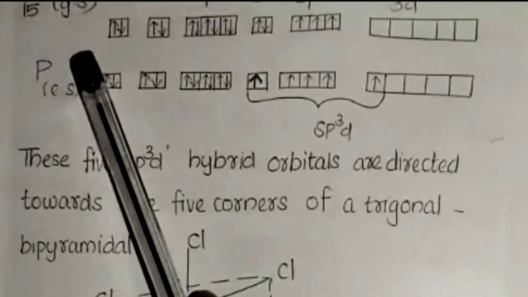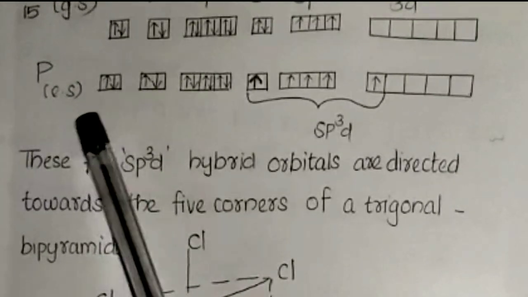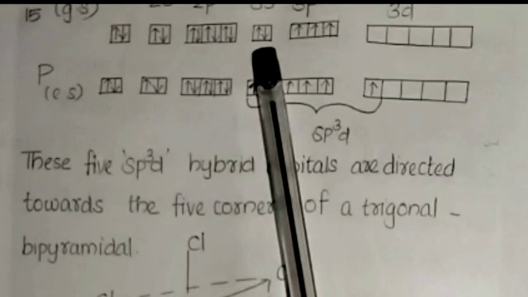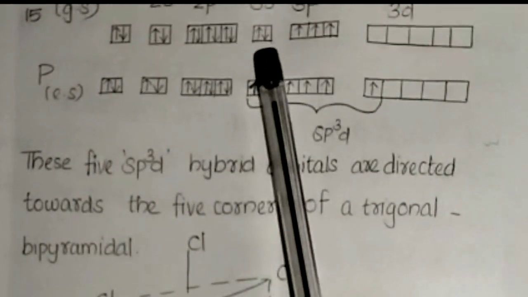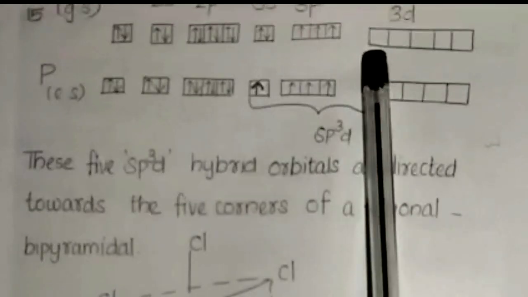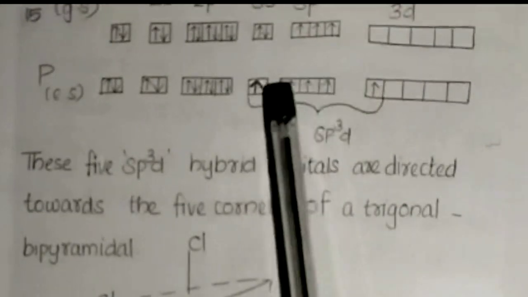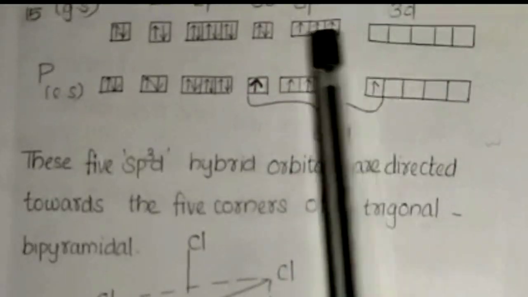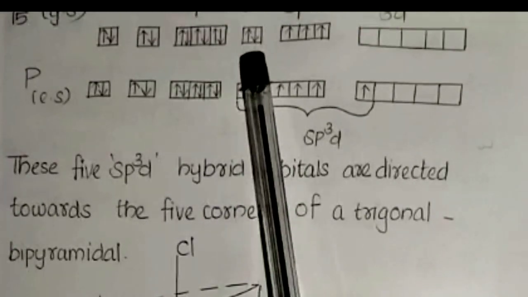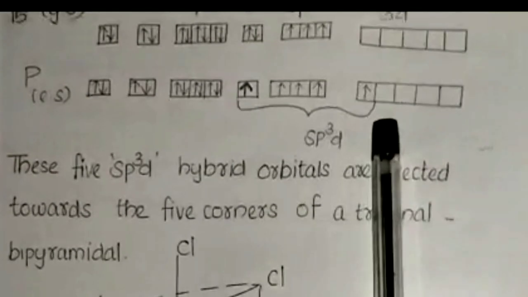Then when phosphorus is in the excited state, the 3s orbital has 2 electrons. From these 2 electrons, 1 electron jumps to the 3d level of the outermost shell. So it becomes 1 electron here, 3 unpaired electrons in 3p, and here also an electron is occupied. This is the jump from the 3s level to the 3d level.